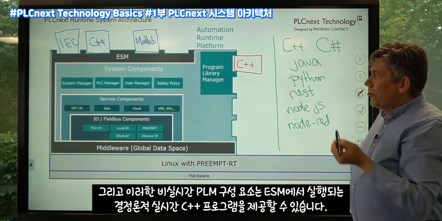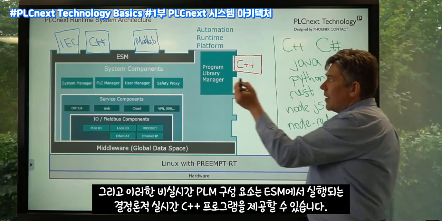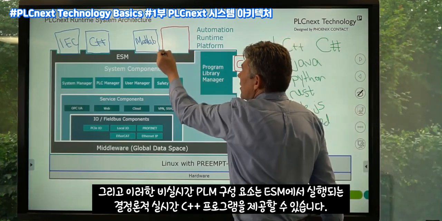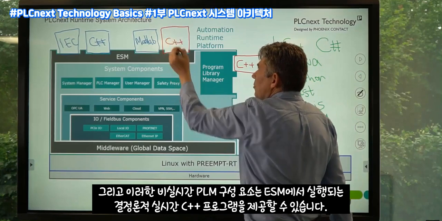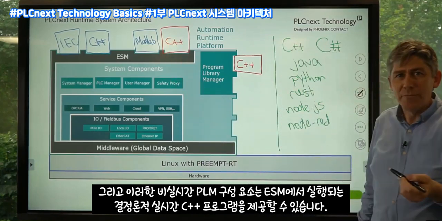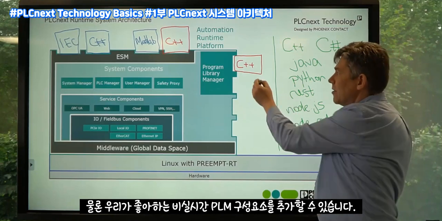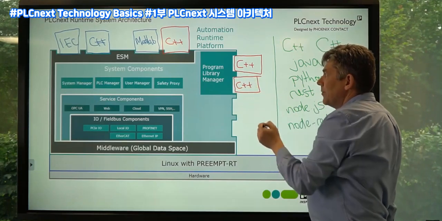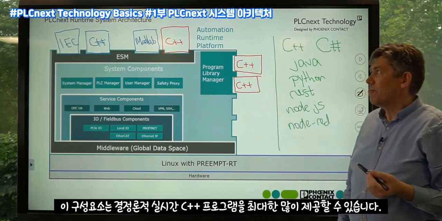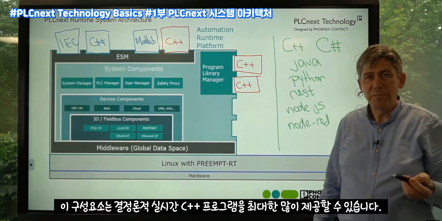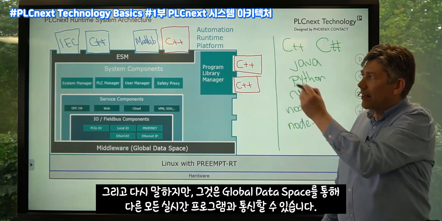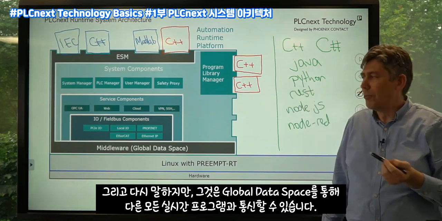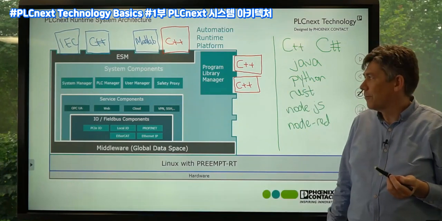And these non-real-time PLM components can then provide deterministic real-time C++ programs that run on the ESM. And of course, we can add as many non-real-time PLM components as we like, which can provide as many deterministic real-time C++ programs. And again, that can communicate with all the other real-time programs through the global data space.